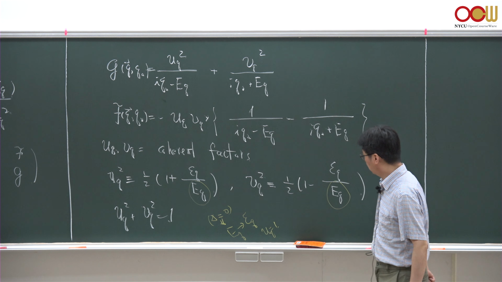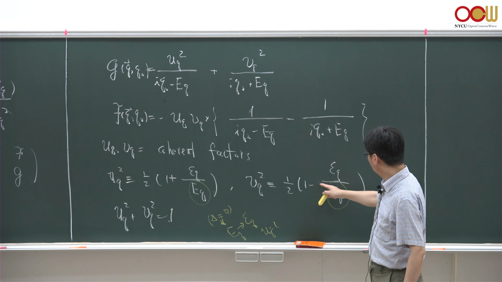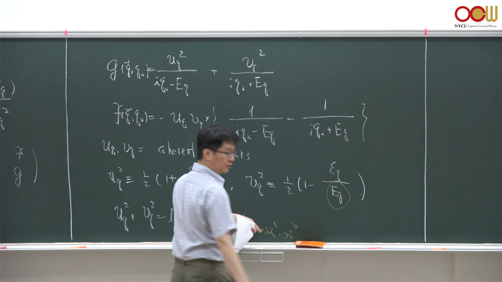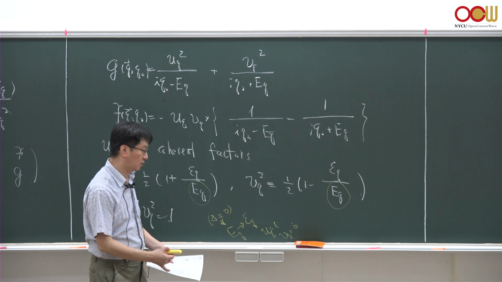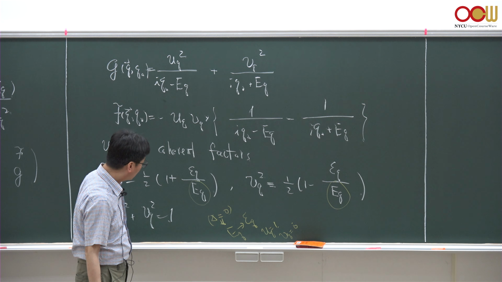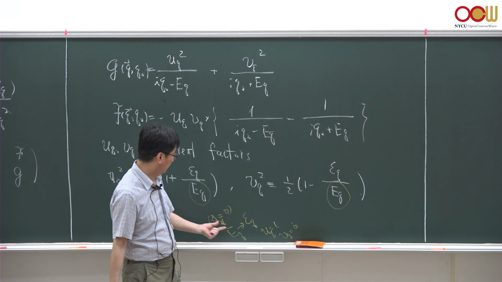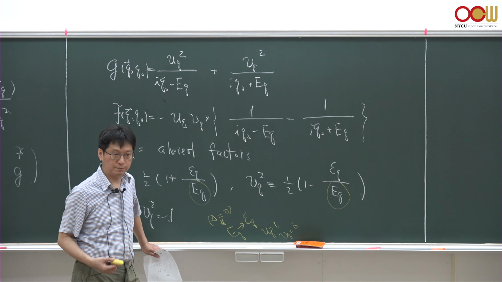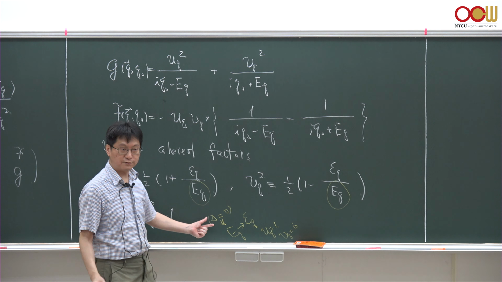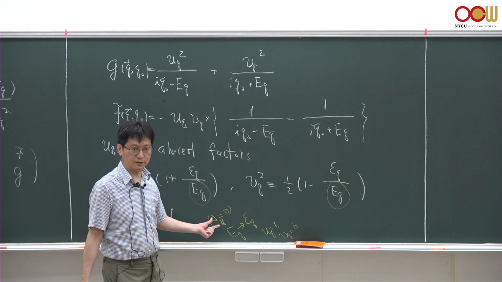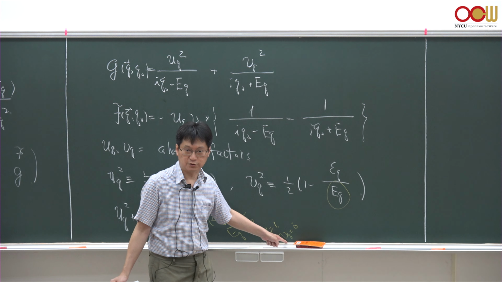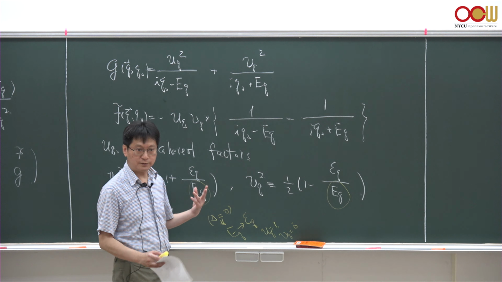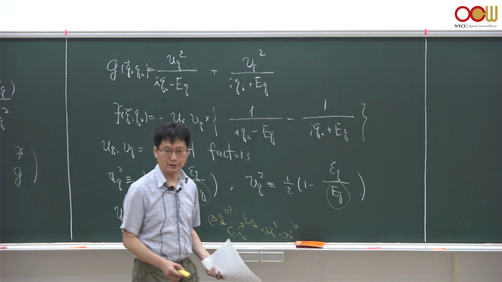And V of Q is one half times 1 minus 1, which is 0. So you immediately find the correct interpretation: V of Q is the probability amplitude to form a Cooper pair, because if you turn off the gap, you don't have superconductivity, and then V of Q vanishes. And U of Q is the probability amplitude not to form a Cooper pair.